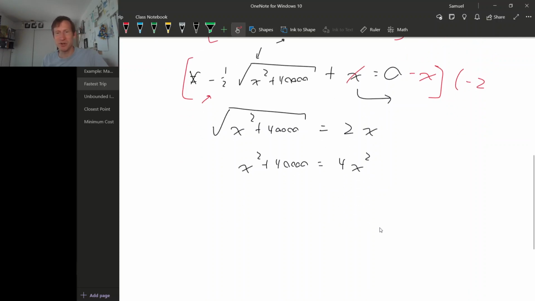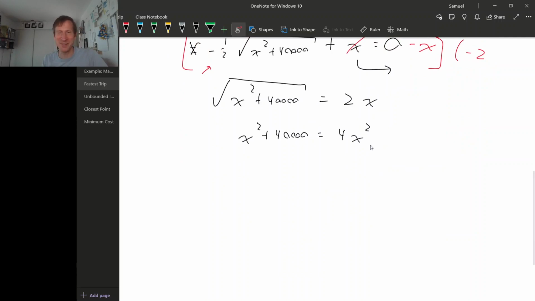And now maybe you can see how we're going to finish solving this. So subtract x squared from both sides. 40,000 equals 3x squared. Then divide both sides by 3. 40,000 over 3 equals x squared. And then take a square root.